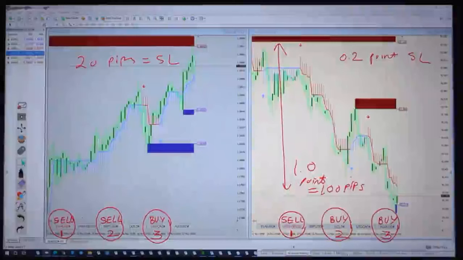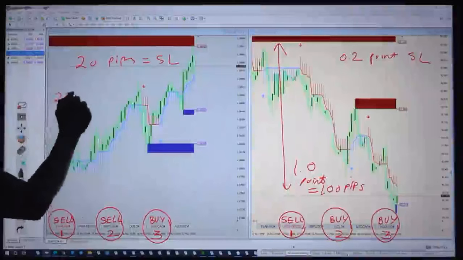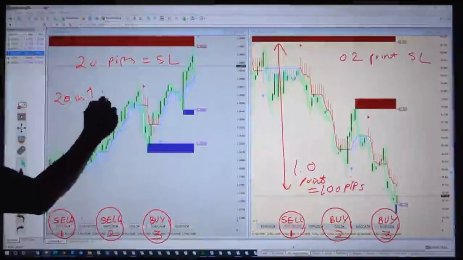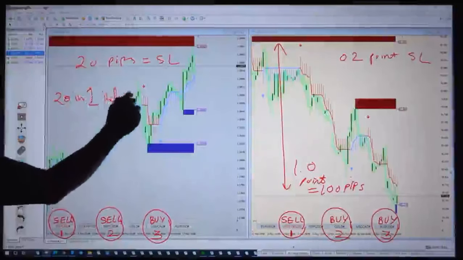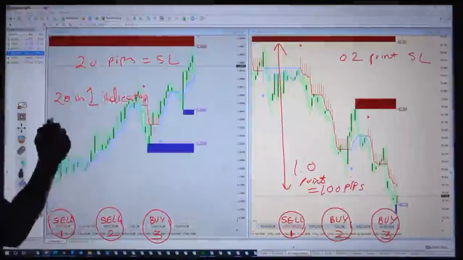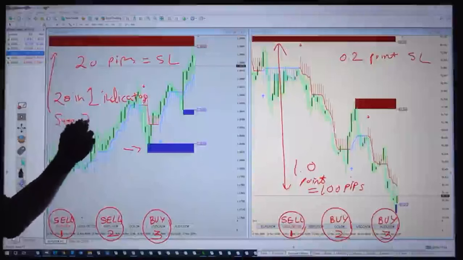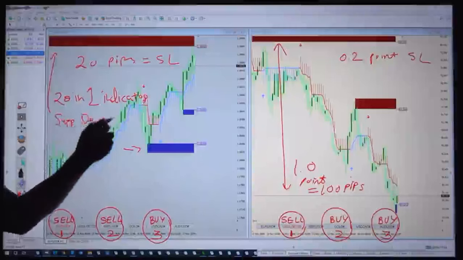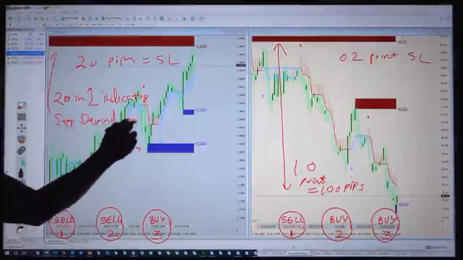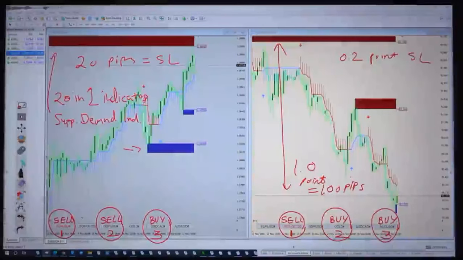This strategy we have implemented using our 20-in-1 indicator and using our supply and demand indicator. So what we have done actually, how this strategy is implemented and how you can use it manually, we will explain.